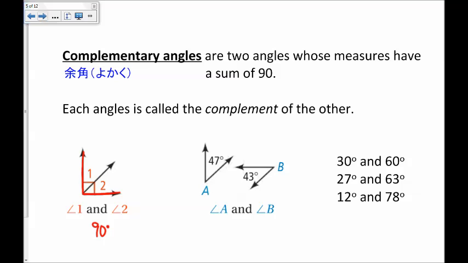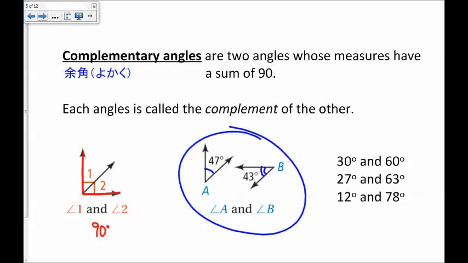In this picture, 47 plus 43 equals 90 degrees. So angles A and B must be complementary. Similarly, each of these pairs add to be 90 degrees. So those angles are also complementary.